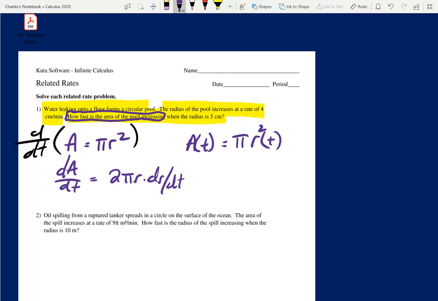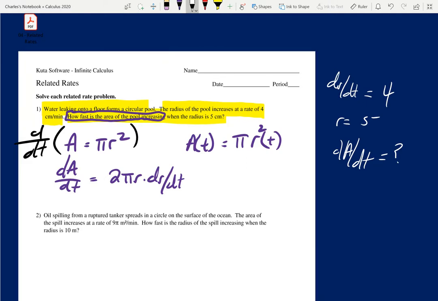Okay? And then I can plug in the things that I know. The radius of the pool increases at a rate of 4 centimeters per minute. That means that dr/dt is equal to 4. It means that r is equal to 5. How fast is the area of the pool changing? It means what are we looking for? dA/dt.